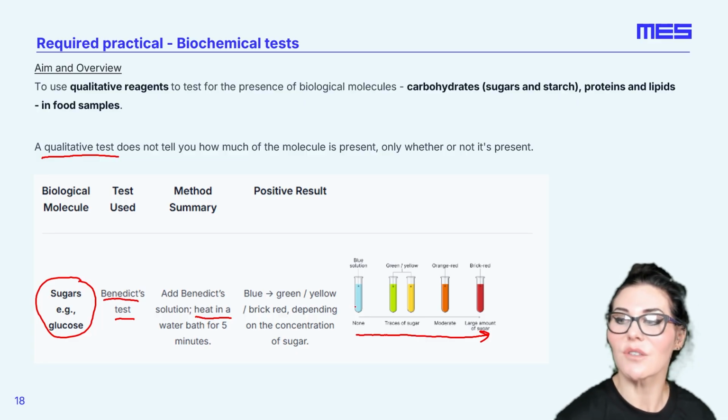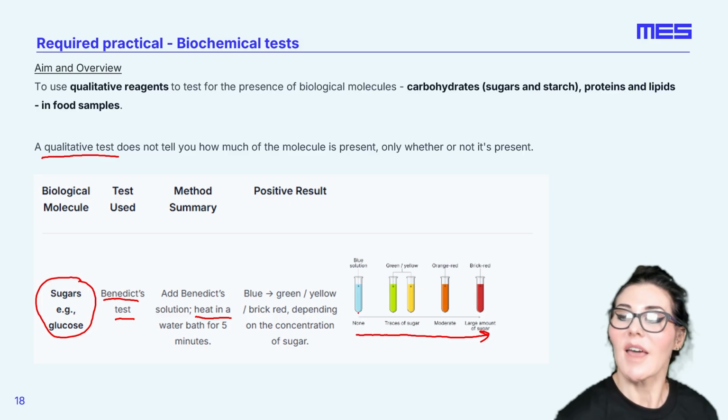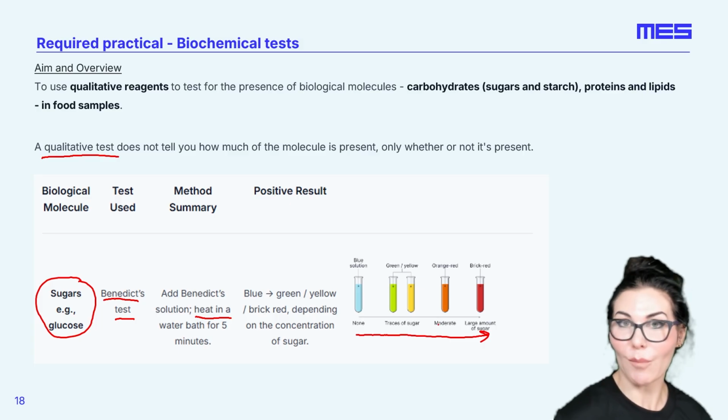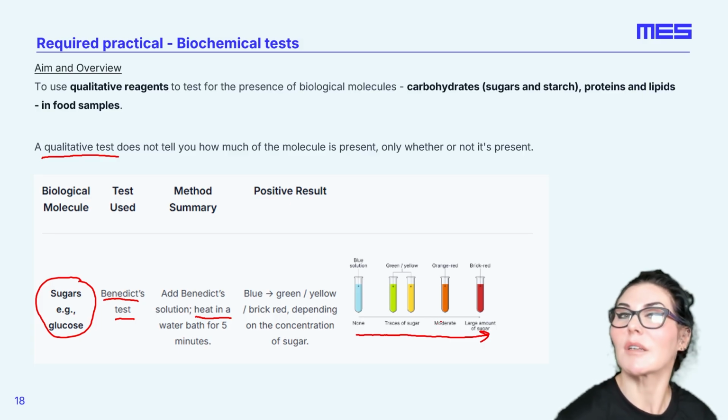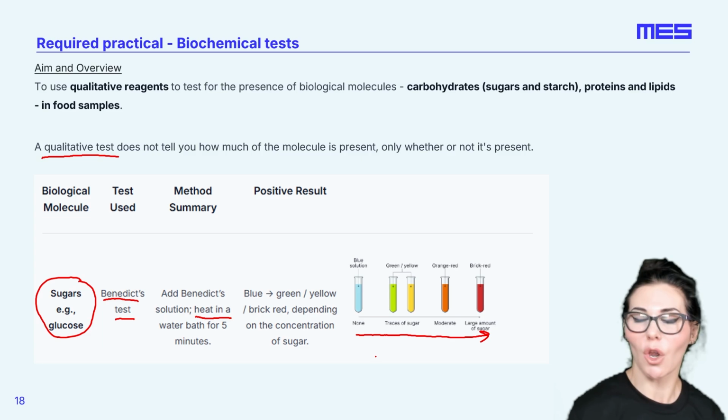So you're going to still see a blue tube because you're just going to see Benedict's still as Benedict's. If only a trace amount of sugar is present, you are going to get a slight colour change to a green or a yellow. If there's a moderate amount of sugar present, then the colour change is a little bit more orange. And if there's a lot of sugar there, you're going to get a really nice brick red colour in your results, showing that you've got a lot of sugar present in that particular test tube.